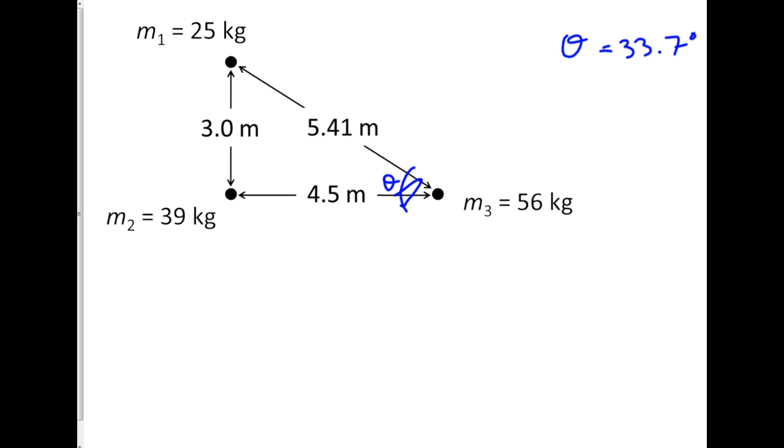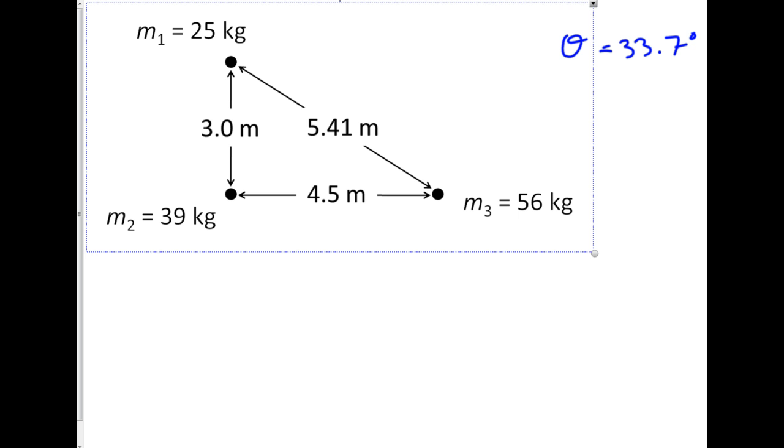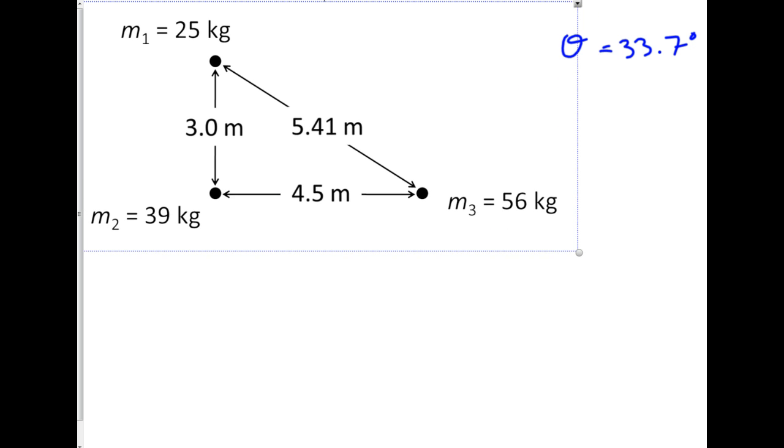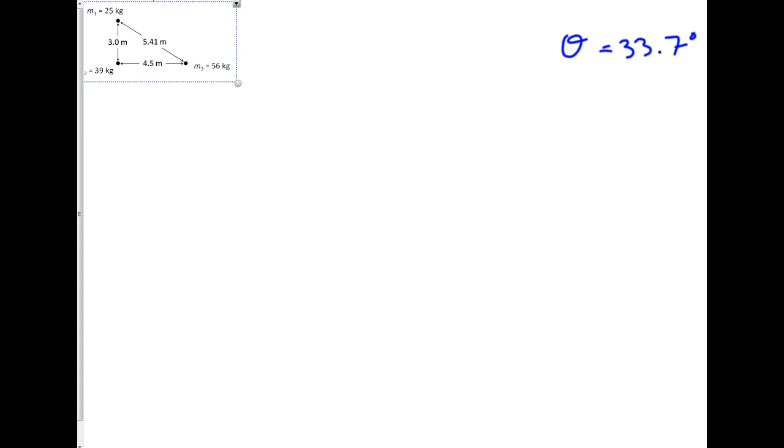Okay. And I'm going to erase. Now, before I start calculating any forces, I'm going to draw this picture again, and then draw into my new drawing.